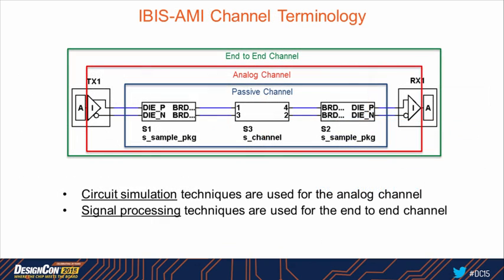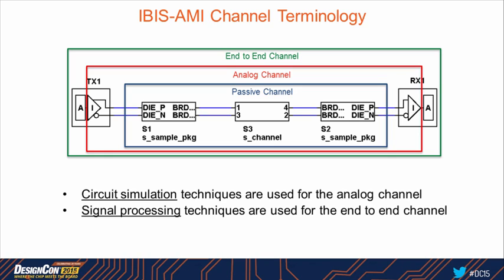So when we look at an end-to-end channel with IBIS-AMI, there are a number of terms that apply. If we talk about all of the passive, unpowered interconnect, including the transmitter and receiver packages, so everything that occurs from die to die but is not connected to a power supply, we call that the passive channel.